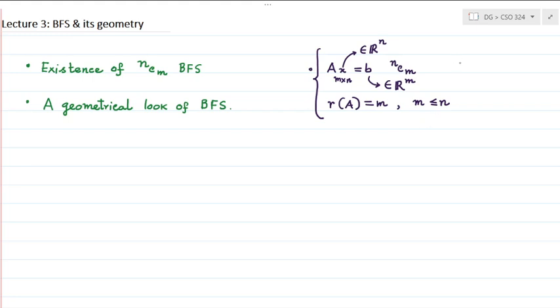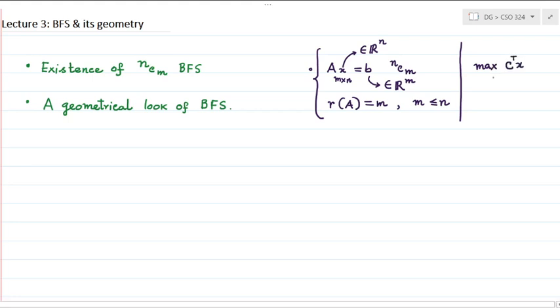A standard linear programming problem has the following form: it is a maximization problem, maximize c transpose x, where c is a vector in the n-dimensional Euclidean space, subject to Ax equals b, where all the components of b are non-negative, and all the components of x are non-negative.